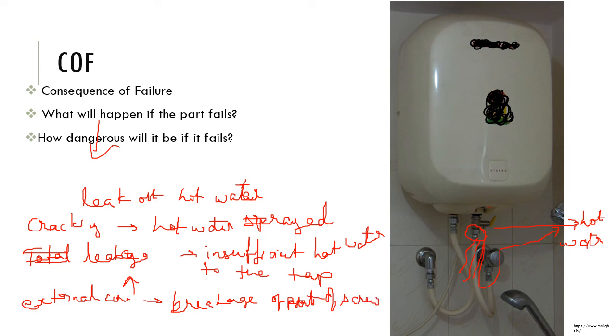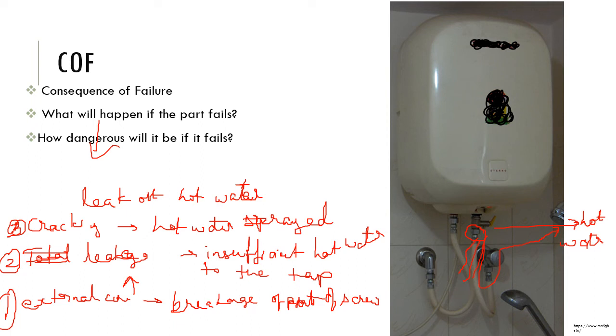Now if we rank these consequences of failure, 3 is the most dangerous, so let's put 3, this is 2, and this is 1. And now we have these 3, 2, 1, and the probability of failure was given in the earlier one.